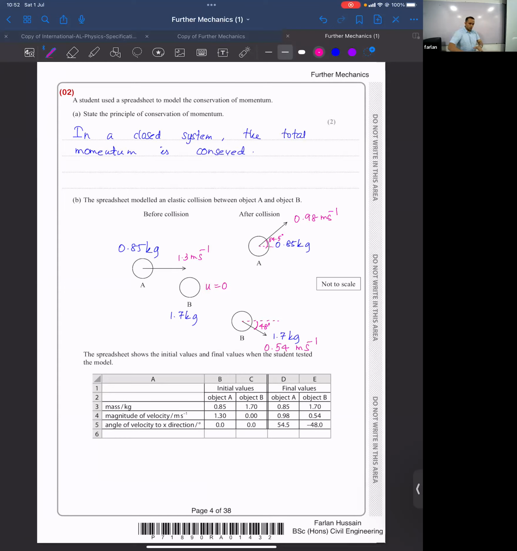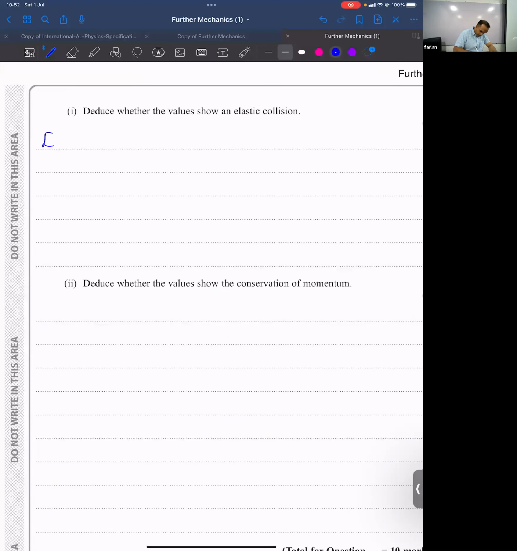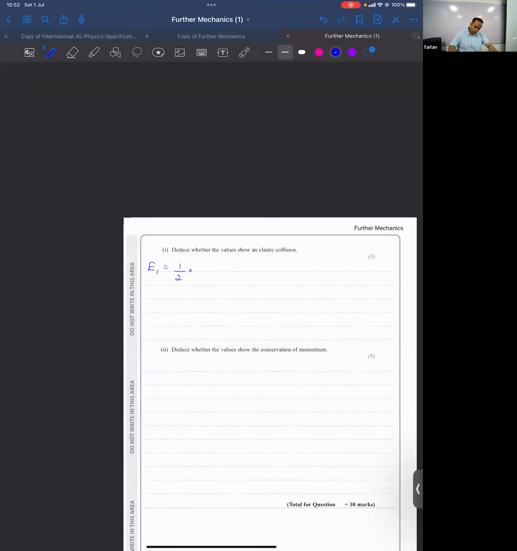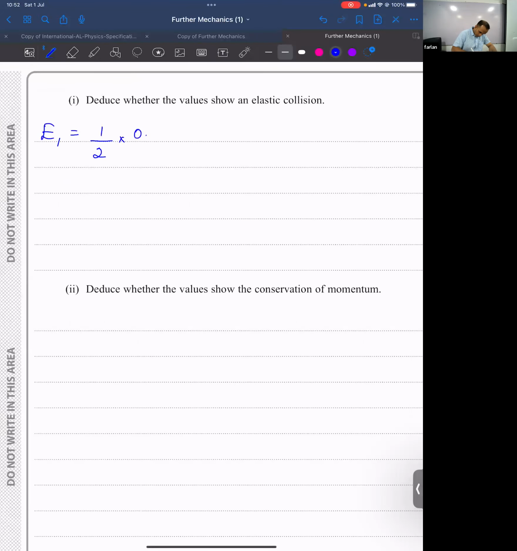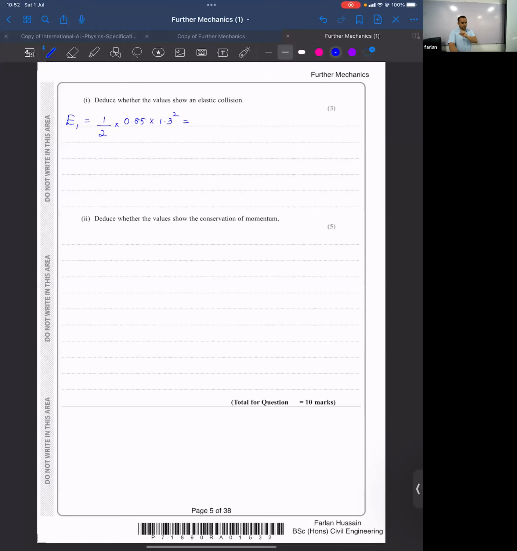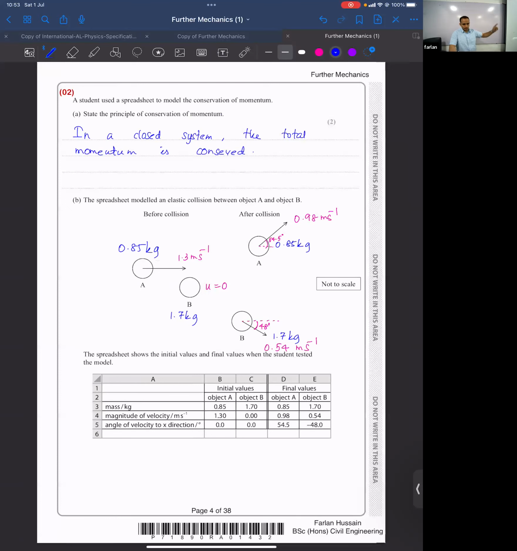Before the collision, B has no kinetic energy, only A does. Taking it as E1, it is half mv squared, half into 0.85 into 1.3 squared.